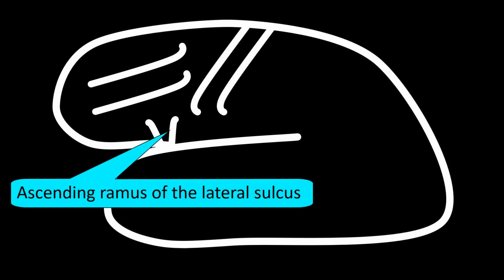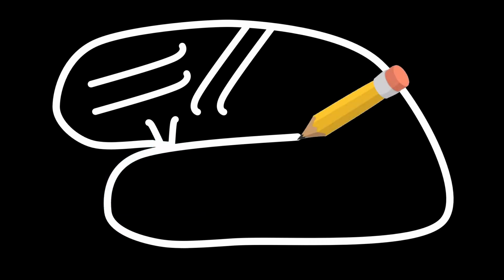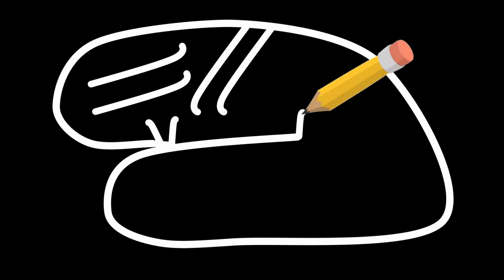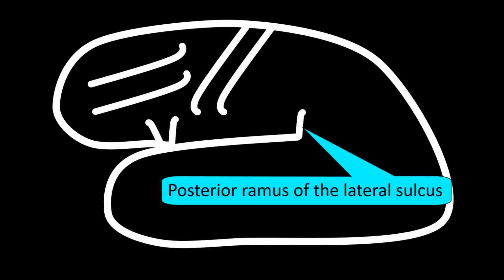This is the ascending ramus of the lateral sulcus. Now go to the back of the line and draw a third line going up. This is the posterior ramus.